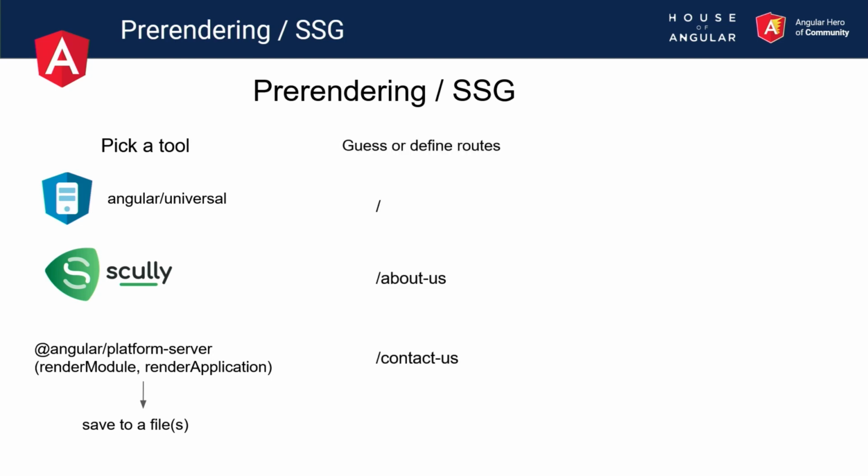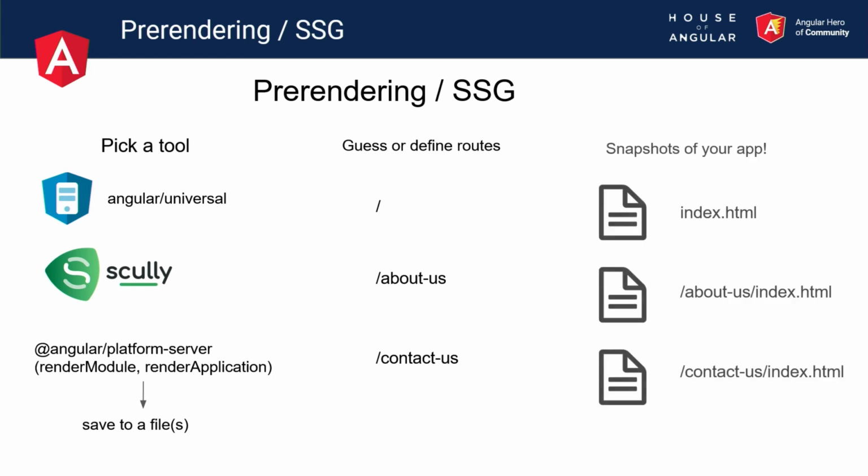Then you guess or define routes. Guessing is an automatic process of detecting your routes, while defining is where you define them yourself. And for those routes, you will create multiple index.html files with essentially a snapshot of your application at that point in time, with all the requests made and so on.